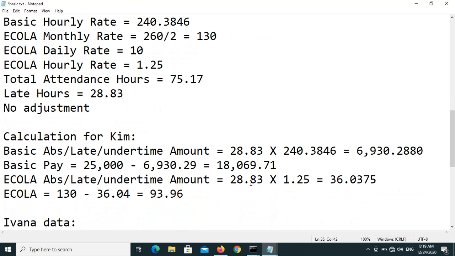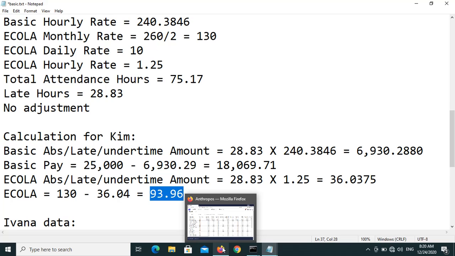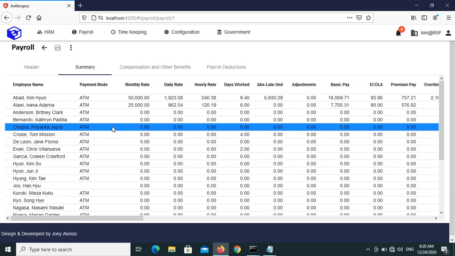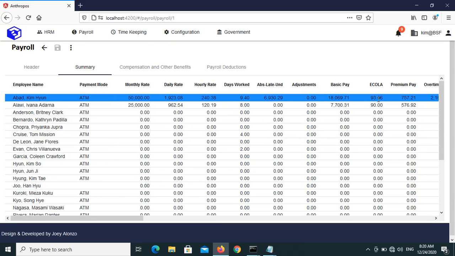So that is 28.83 times 1.25, and that is 36.0375. Okay. So therefore, to calculate for ECOLA, it will be 130 minus 36.04, which is equivalent to 93.96. Now if we go to the ECOLA, it is 93.96. So that's how ECOLA is calculated for monthly.